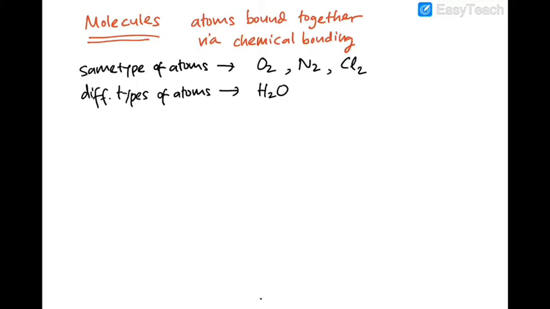Yeah, so this is a molecule, and ammonia or NH3 is also an example of molecules. So when we have multiple atoms bound together via a certain chemical bonding, later on we will also talk about chemical bonding, and then we will get molecules.